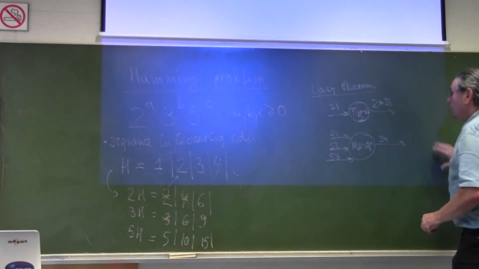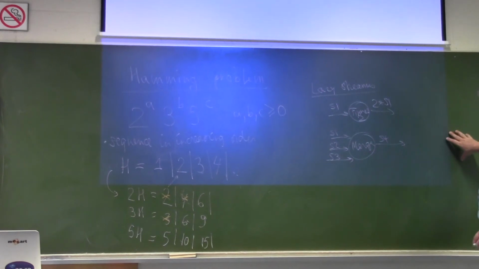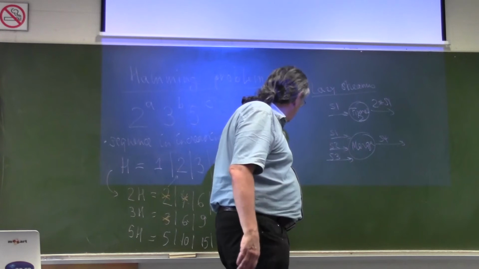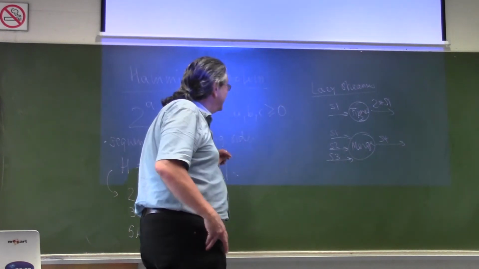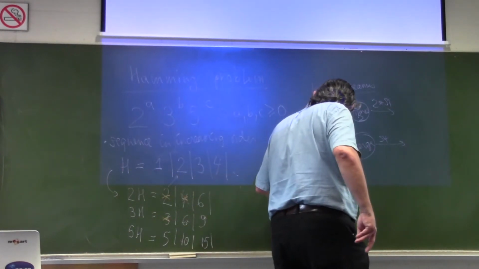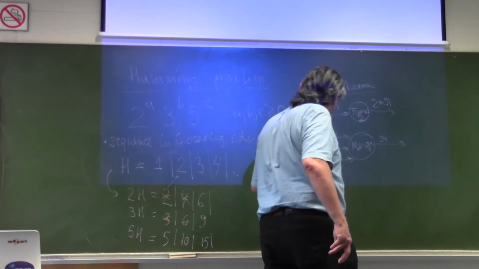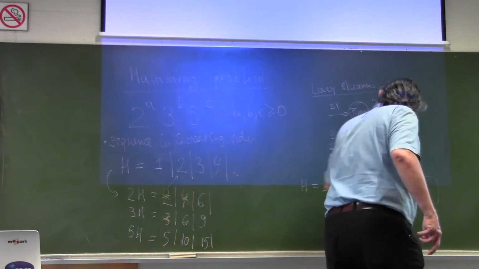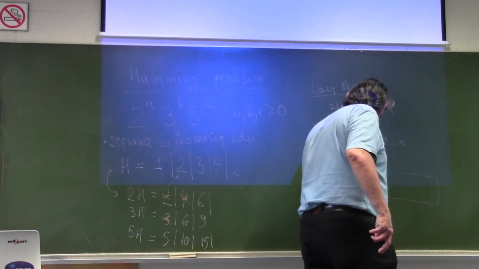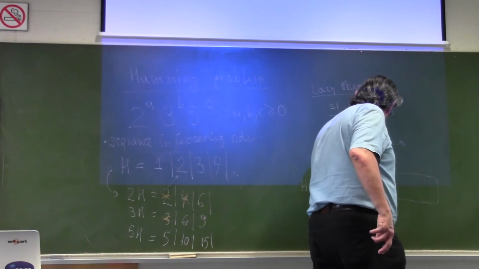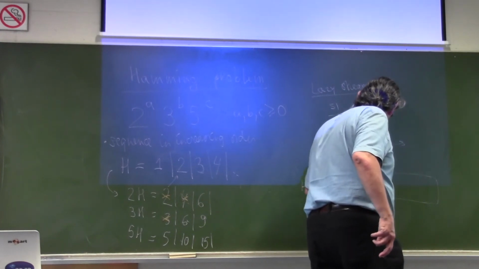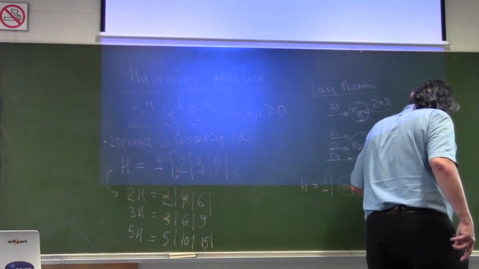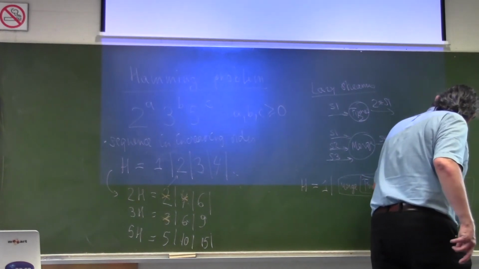Okay? So with this, I can actually implement the Hamming problem. So I start with H, okay? So H is equal to 1, followed by, and here I will now merge times 2H, times 3H, and times 5H.